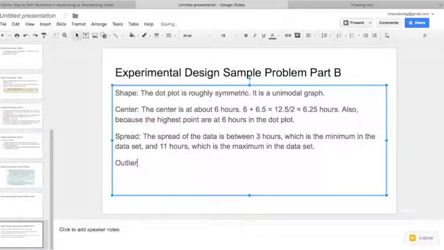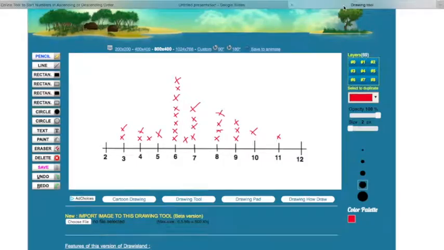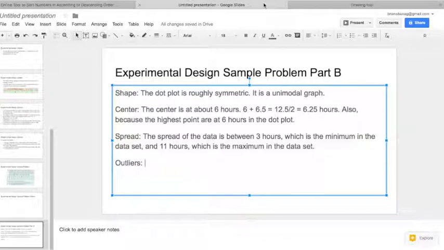And outliers, we already discussed that there seem to be no outliers. If we want to check, 2 and 12 wouldn't be any outliers. 11 seems to be at a reasonable distance from the center. So we can conclude there do not appear to be any outliers in the distribution.